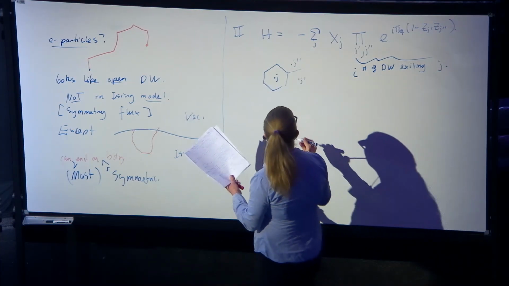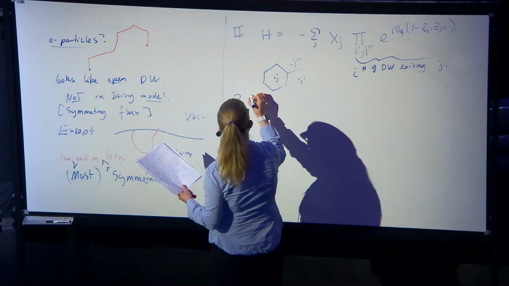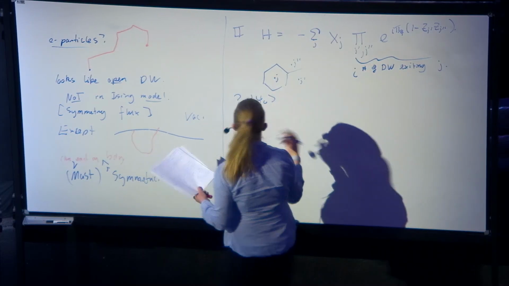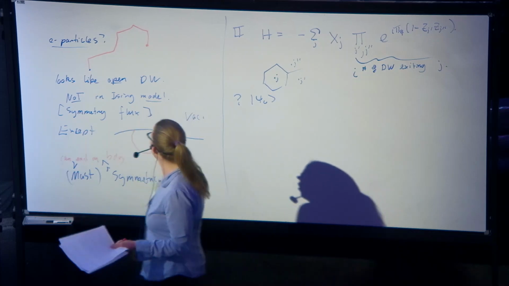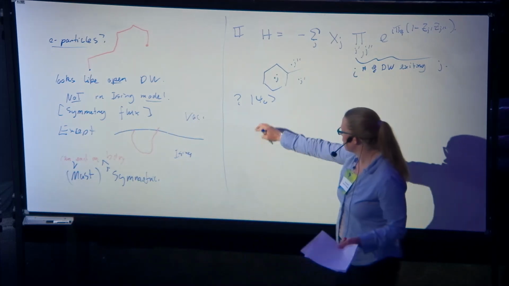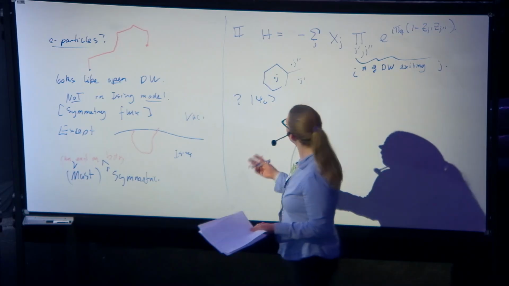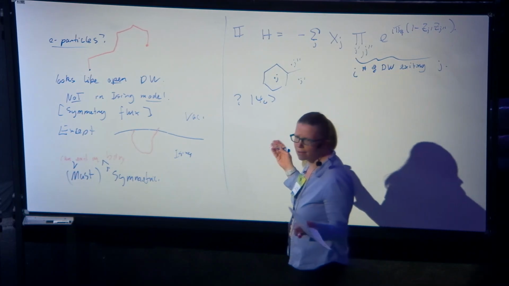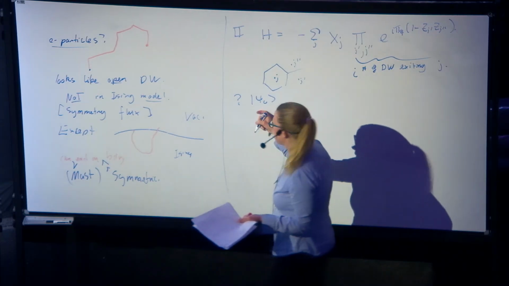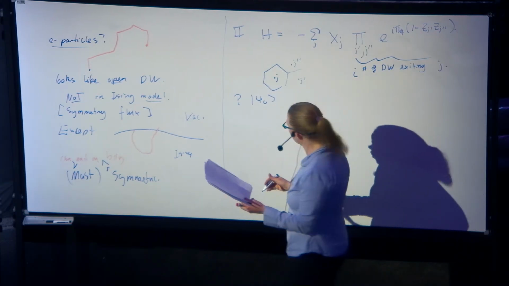So for this other Hamiltonian, this is why it's useful to understand this domain wall picture. For this other Hamiltonian, we can think about the ground state. It's certainly not obvious what it is, and it's actually easier to work in the domain wall picture, okay?